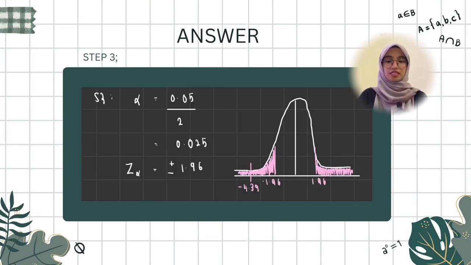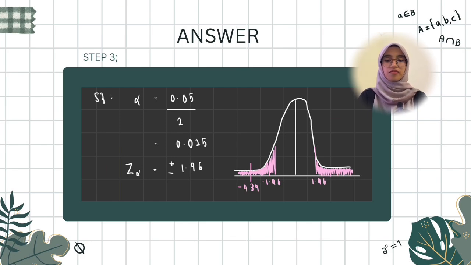For a two-tailed test at significance level 0.05, the critical values are plus or minus 1.96. Since negative 4.39 is less than negative 1.96, the statistic lies in the rejection region.